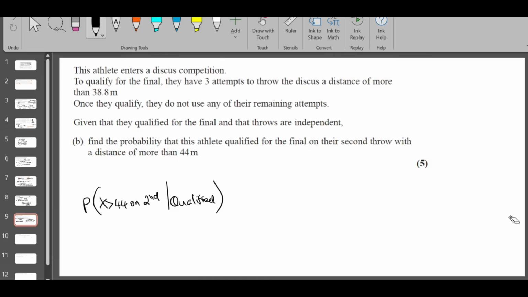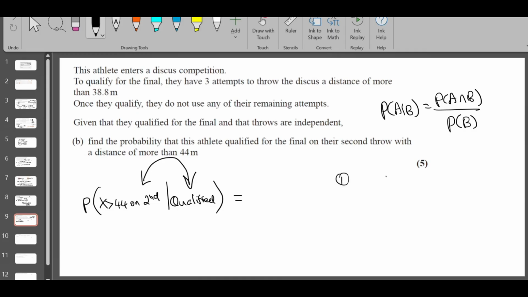Now what is the formula for conditional probability? P of A given B is P of A intersection B divided by P of B, right? What would be the intersection of these two? Just think about it. He has 3 throws actually.